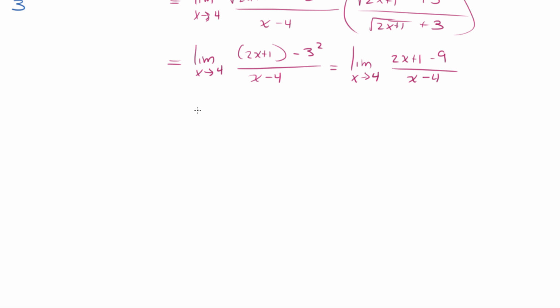Now 1 minus 9 is 2x minus 8. Okay. And if we factorize the 2, you get x minus 4 over x minus 4, which is going to be 2.